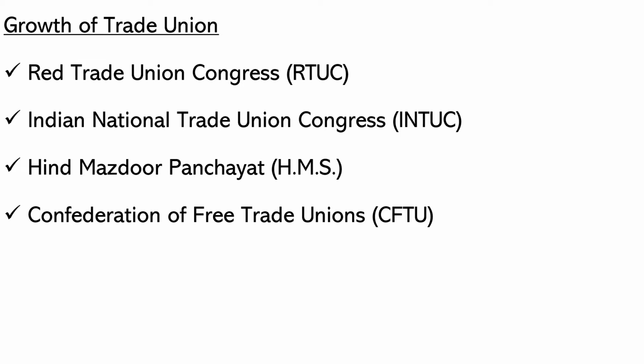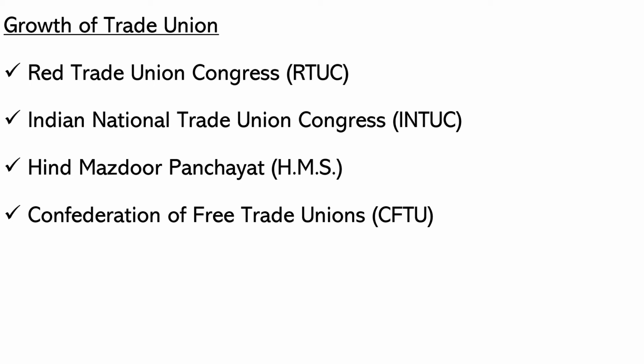Now what happened later in 1935, this Red Trade Union Congress merged back into AITUC, All India Trade Union Congress. Next, those who were favoring the ideas of socialism and the views of the Indian National Congress split from AITUC and formed INTUC, Indian National Trade Union Congress, in 1947.